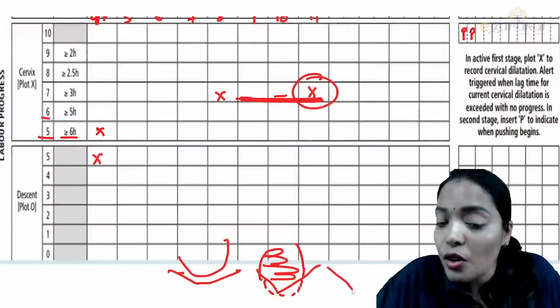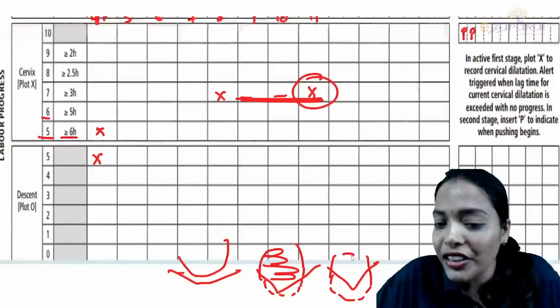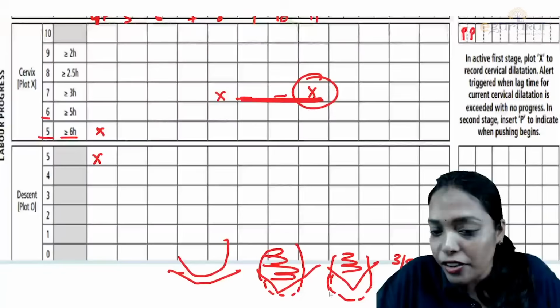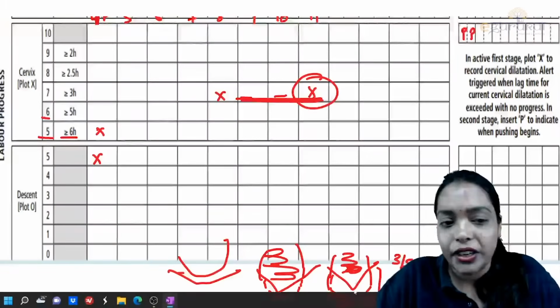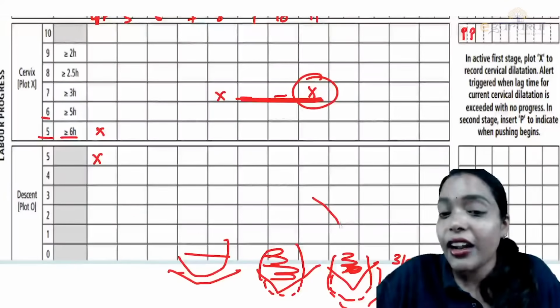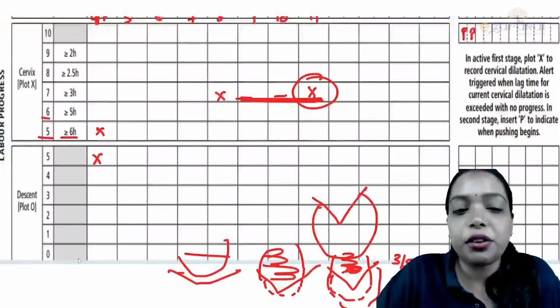If the head has gone further inside and only 3 fingers are able to palpate the fetal head, it is 3/5. With 2 fingers, 2/5. Similarly, 1/5. And if I'm not able to palpate the fetal head and the entire head has gone below the pubic symphysis, you write 0.